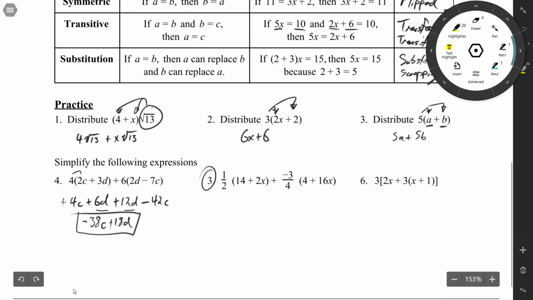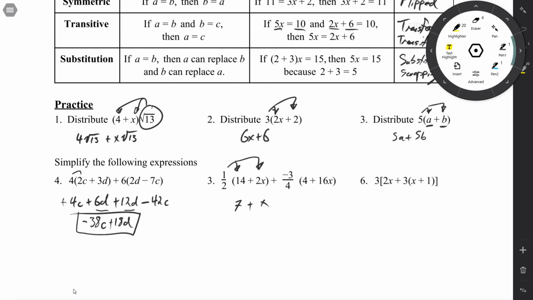For number 3, we can distribute fractions. So we would just really multiply this 14 by 1/2, which would give us 7, and this 2 by 1/2, which would just give us 1x. And if it's just 1, we don't need to write it if it's in front of a variable. Now this is plus negative 3/4, and then this quantity.